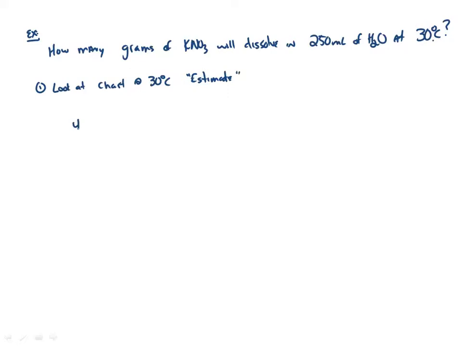So we would say that there's 46 grams of KClO3 over 100 grams of H2O. This is what we're getting from our chart. Then we have to set up a ratio and say, well, I really want to know what it is for 250 grams of H2O. This is my new volume.